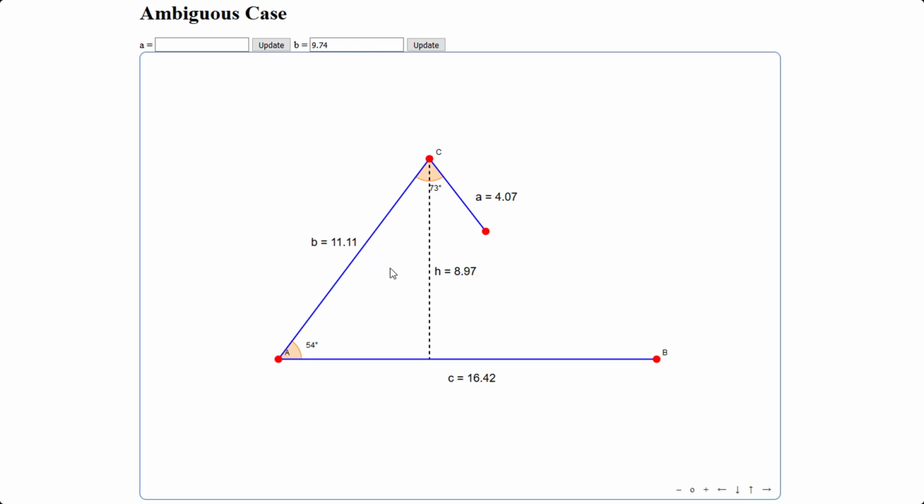Now, if the angle measure is something random, say 54 degrees, that's fine. And let's leave this side fixed at 4.07. The problem is, no matter what angle C is, there's no way that I'm going to be able to reach the bottom of the triangle. Let's say it's longer. Let's say it's 9.74.